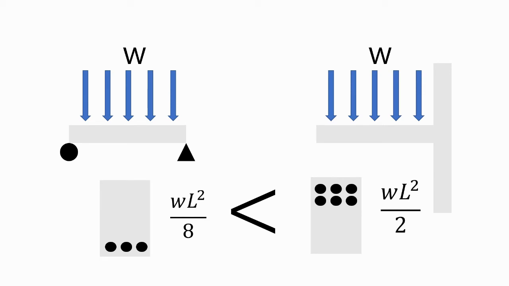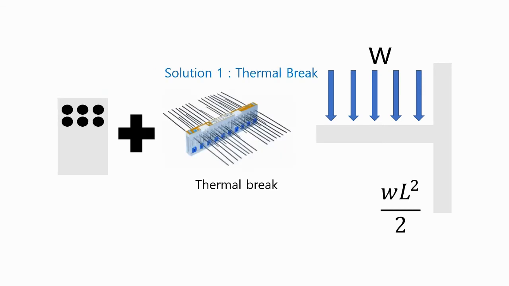Therefore, more reinforcement is needed. The thermal break is not only one of the ways to improve thermal efficiency, but it also serves as additional load reinforcement in the cantilever structure, which needs more reinforcement.